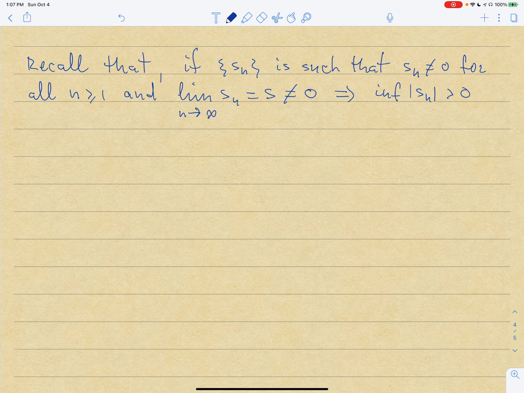Okay, so with this in hand, let's prove the following theorem. Suppose that Sn satisfies the same conditions that I have just listed. Now, remember that this theorem that I just mentioned, we proved, I think, 2 lectures ago.